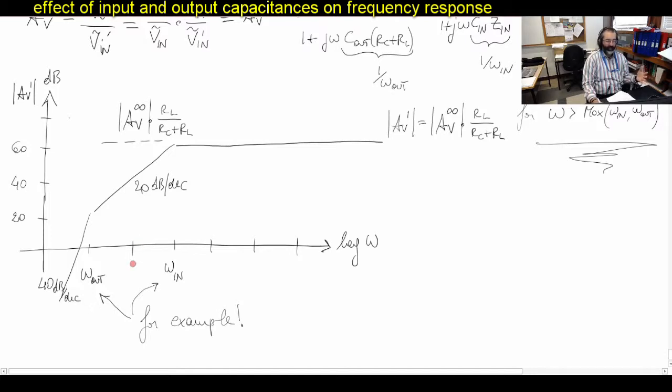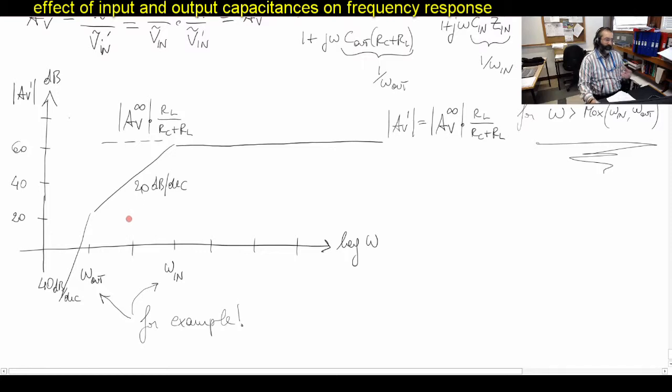We still don't see anything that is going to cut at high frequency. In reality, there is, and that's what I'm going to briefly mention in a moment. And that will effectively define the full bandwidth of the circuit, of the amplifier.